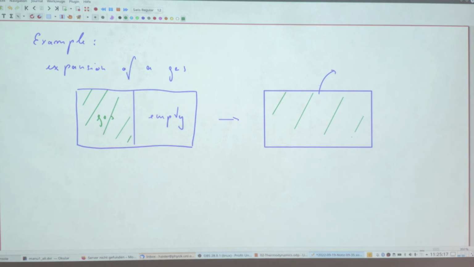We assume that this takes place isothermally, so at constant temperature, we can control the temperature. I assume that this is volume 1 and this is volume 2.